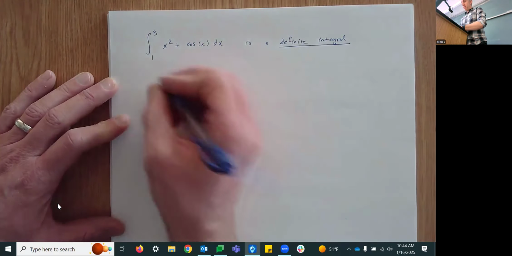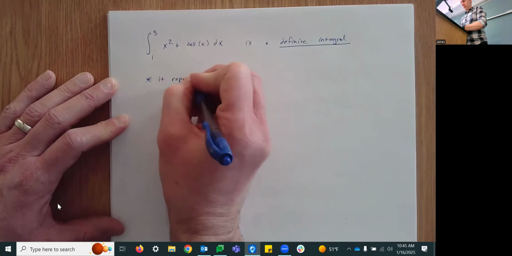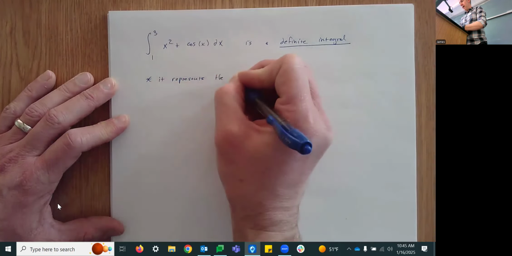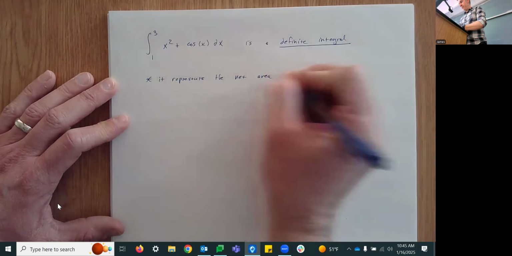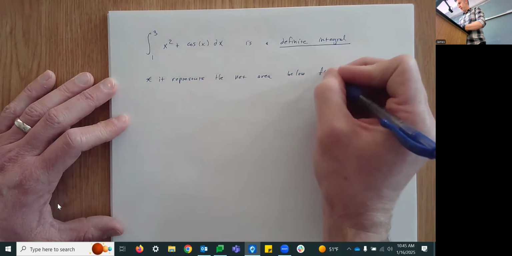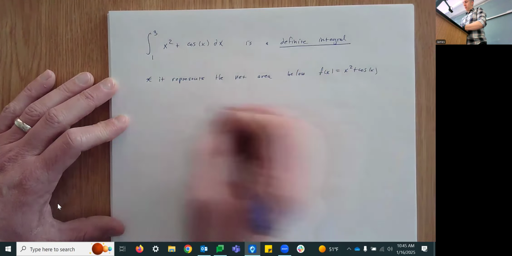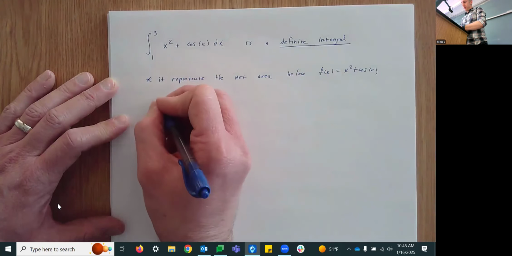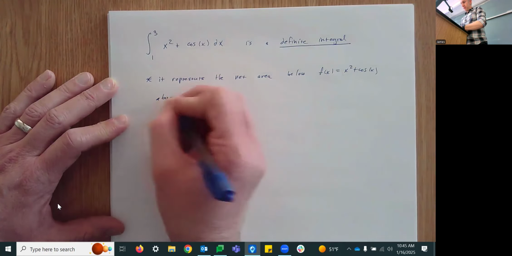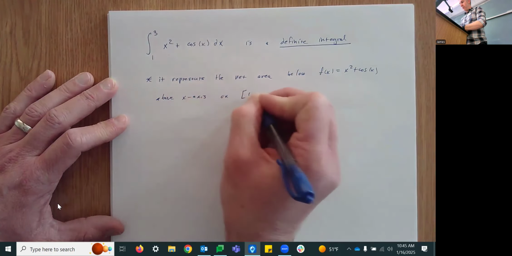And it represents the net area below the curve f of x equal to x squared plus cosine of x that is above the x-axis on the interval from 1 to 3.